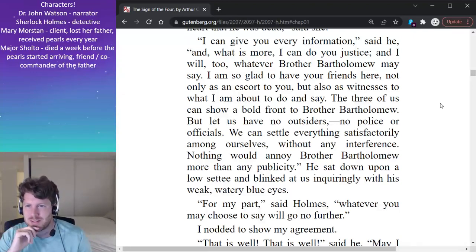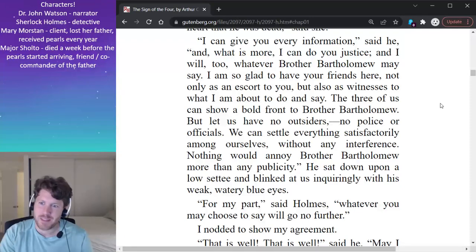I am so glad to have your friends here, not only as an escort to you, but also as witnesses to what I am about to do and say. The three of us can show a bold front to Brother Bartholomew, but let us have no outsiders, no police or officials. We can settle everything satisfactorily among ourselves without any interference. Nothing would annoy Brother Bart more than any publicity.